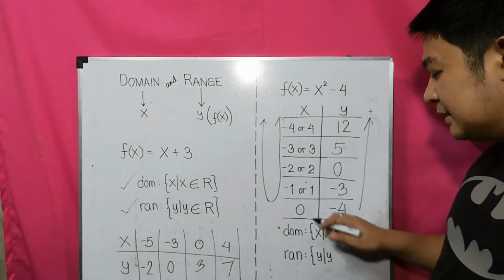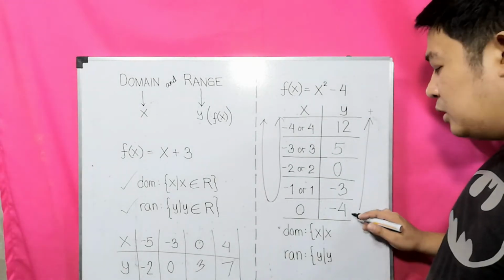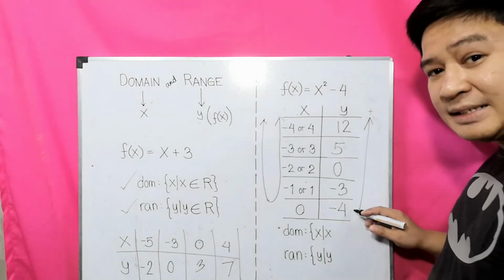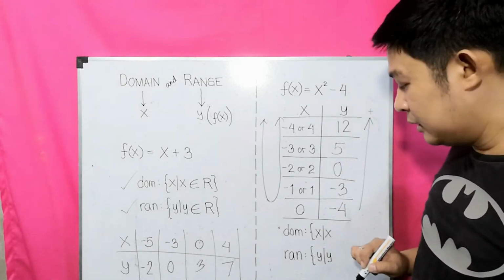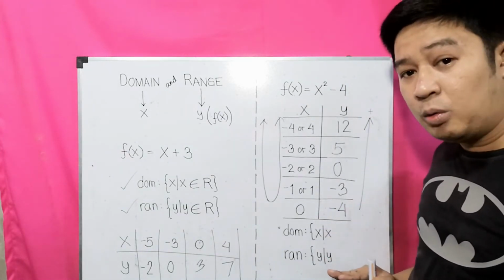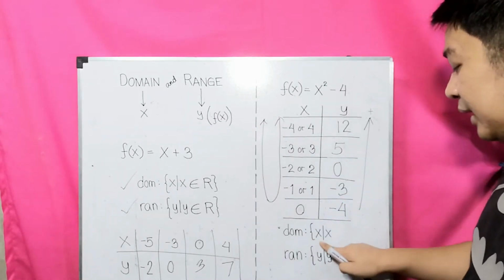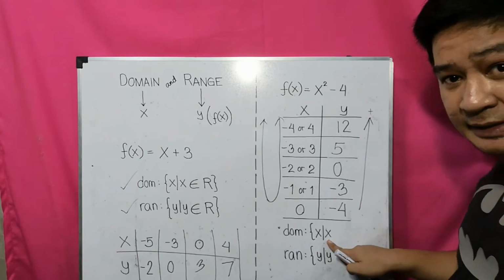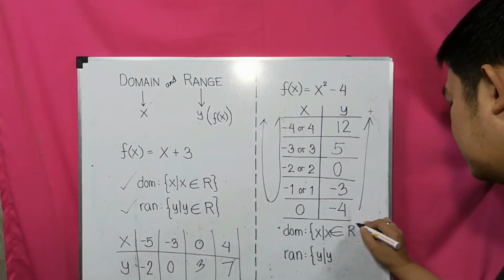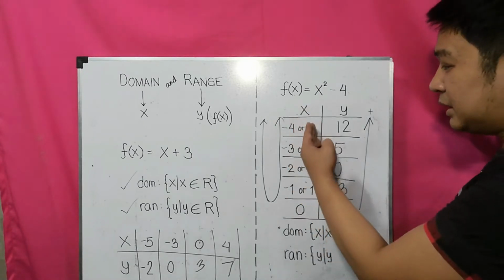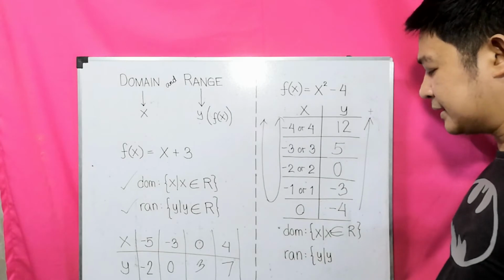And that means if our x is 0, we will have a value of negative 4, which is the minimum value for our f of x or y. So we can say now that the domain of our function is x such that x is also any real number. So either positive, negative, or even 0. There is no restriction for our x.